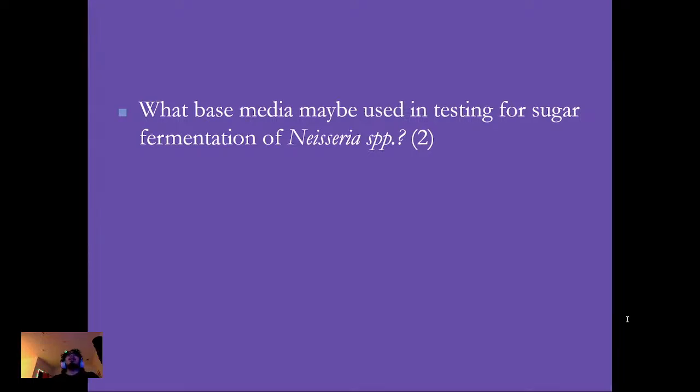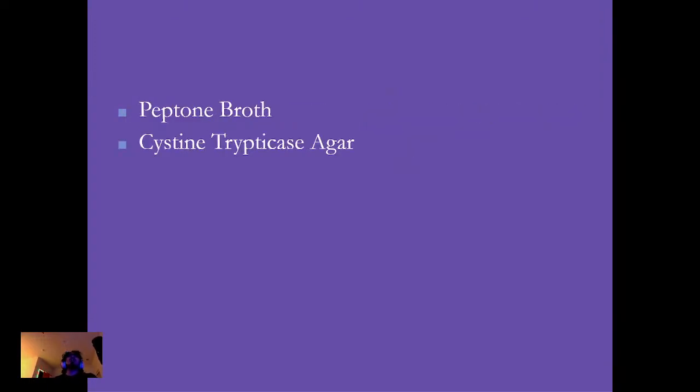What base media may be used in testing for sugar fermentation of Neisseria species? We can use a peptone broth or a cysteine trypticase agar. Okay? Cysteine trypticase agar. It's only two: peptone broth or cysteine trypticase agar.